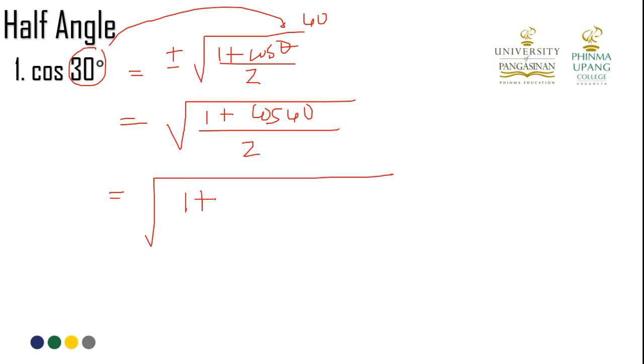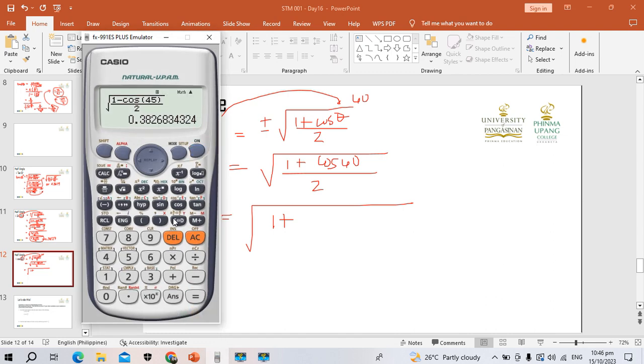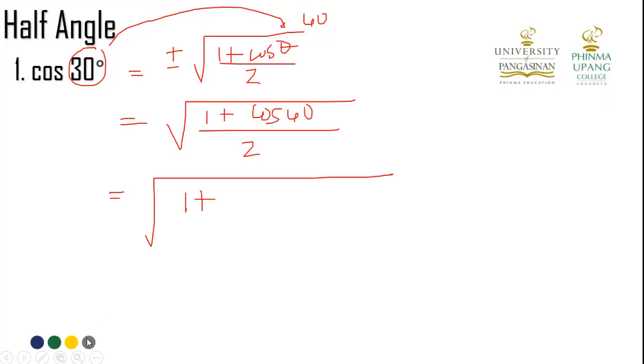Then 1 plus, hindi ko alam kung ilan yung cos 60 na yan. Cos 60 is 1 half. So 1 half po isulat natin dito. 1 half all over 2.